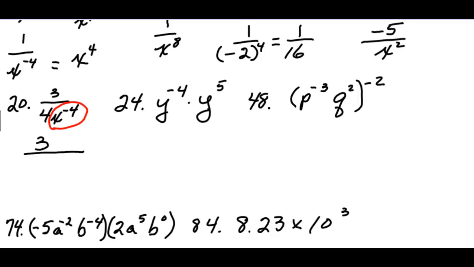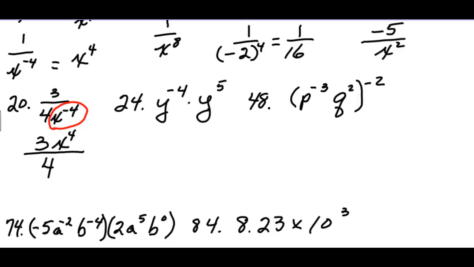To get that to be positive, we move it up into the numerator and make it x to the 4th. And then we put the 4 down there by itself. So it could be 3/4 x to the 4th or 3x to the 4th over 4. Both of those answers are acceptable.